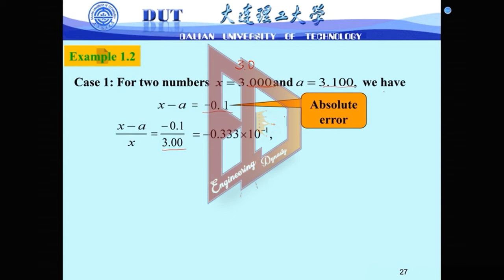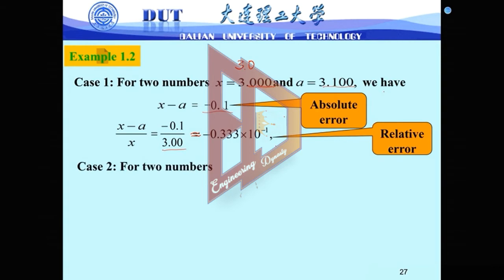Okay, so here we obtain like a minus, actually, it should be almost, because close to minus 0.3333, right? We take 3 threes, multiplied 10 to minus 1. Okay, this is a relative error.